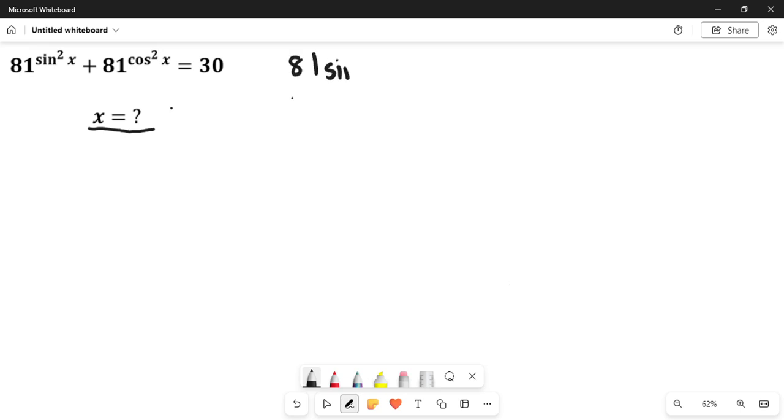It's a power, so you may have to be careful with this. 81^(sin²x) + 81^(cos²x) = 30.